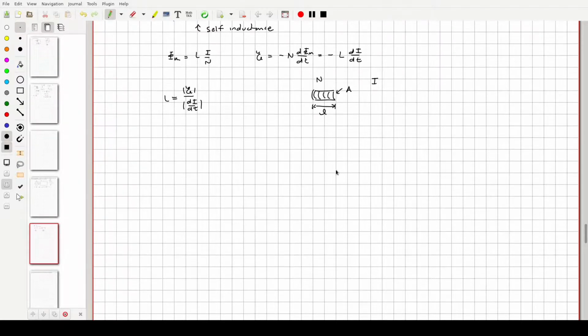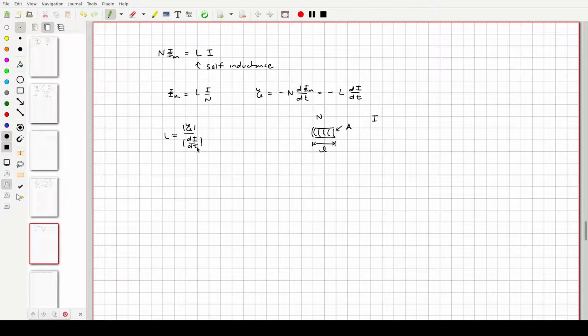Now, what we have here defining our self-inductance, you can also use this to find it as well. So this is equivalent: N times magnetic flux over I. Now let's talk about our flux.